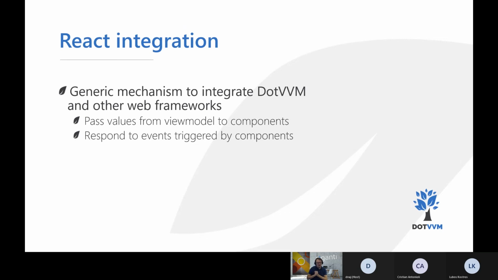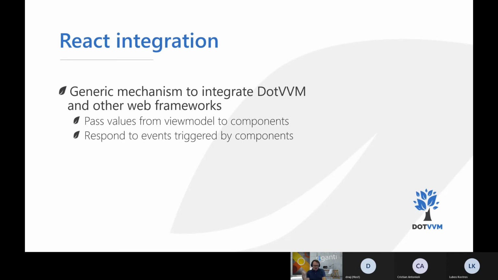So I hope that in the next versions of .vvm, more and more frameworks will be coming. Basically, it allows two-way communication with the component. So you can pass some values from the view model to the component. And also you can respond when something happens in the component.